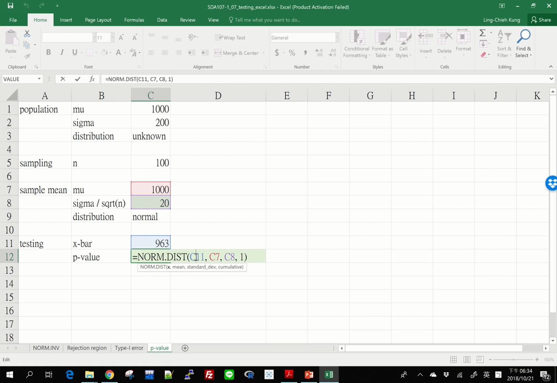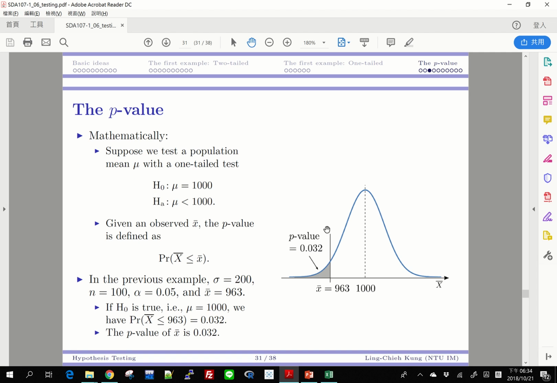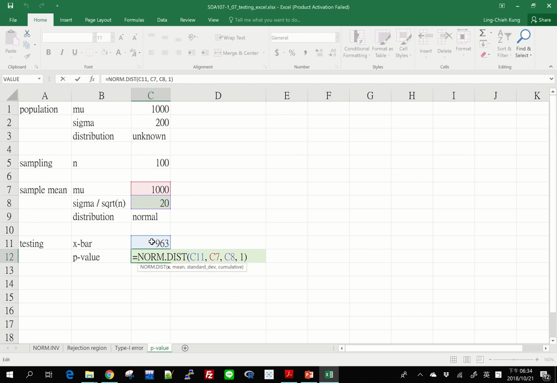Then just tell my function what's the cutoff value that with respect to that, I want to get the left tail probability. So I'm going to get the left tail probability of 963, right? That's why here I put 963, and that's why I get 3.2.